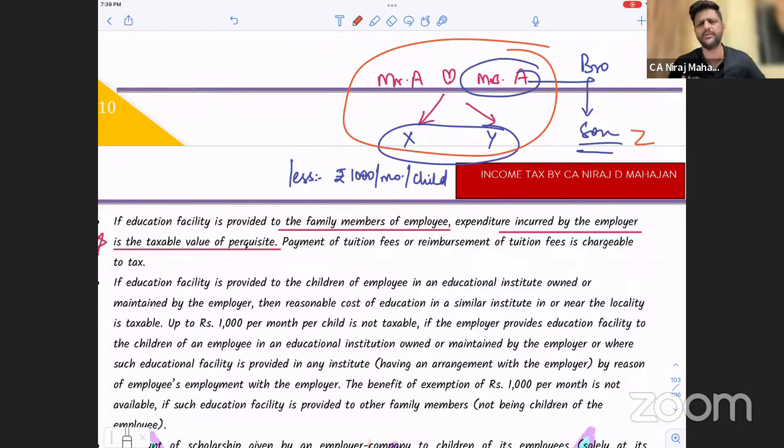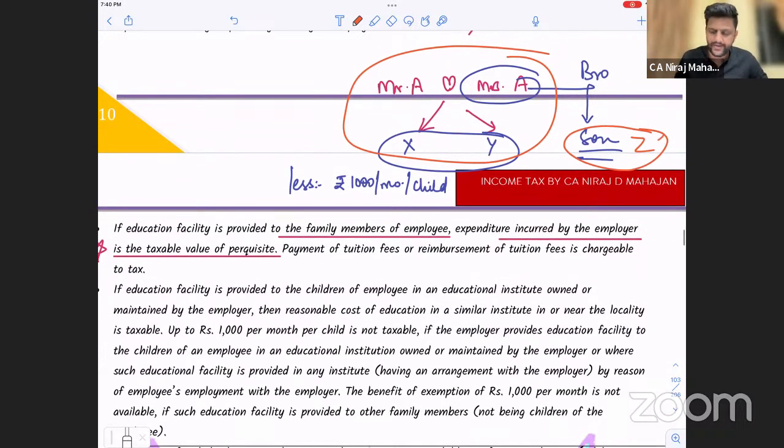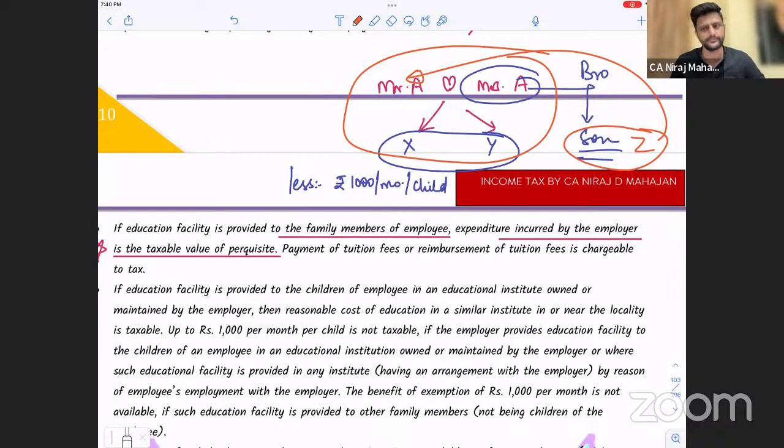Z is a family member, obviously, but Z is not a child of the employee. Then pay attention now, the perquisite will be fully added in his income. Even if it is, let us say, 800, 500, 600 rupees per month, no exemption of rupees 1,000 per month per child is allowed. Understood?